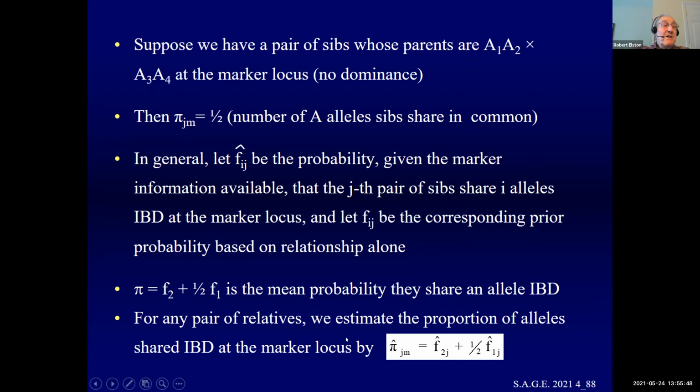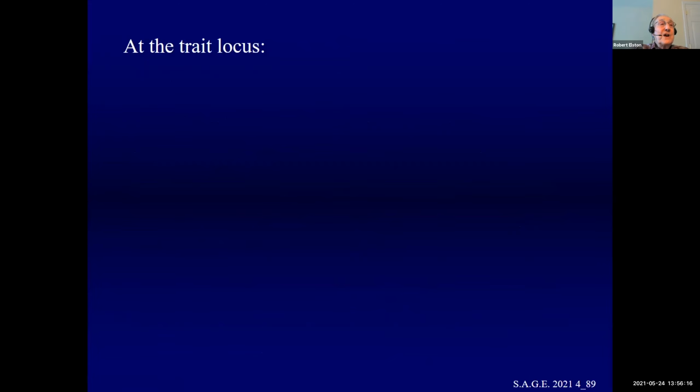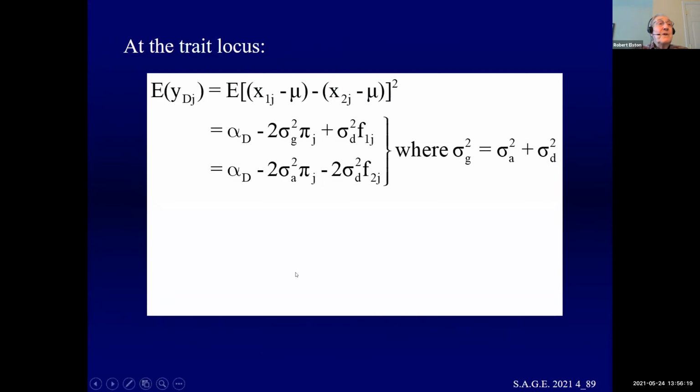Now, for any pair of relatives, we estimate the proportion of alleles identical by descent at the marker locus by pi-hat_jM, which is f-hat_2j plus a half f-hat_1j. In other words, these are the proportions as estimated from the regression equation. At the trait locus, as we have just seen, if we take this difference squared, the mu's cancel out.